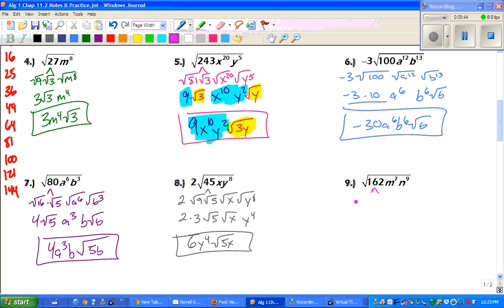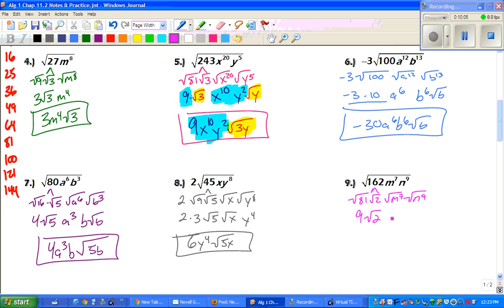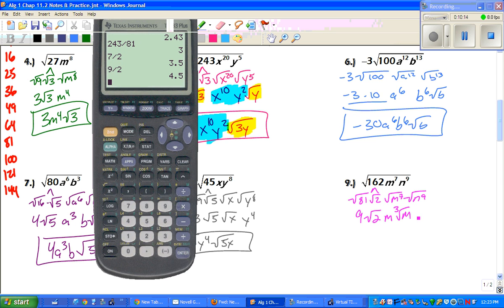So 162, what breaks down in 162, and that's 81 times 2. Remember, everything gets its own little square root. Square root of 81 is 9. Square root 2. 7 divided by 2. Remember, if you need to use this 7 divided by 2, it's 3 with a remainder. So m to the 3rd with a remainder of m. And 9 divided by 2, it's 4.